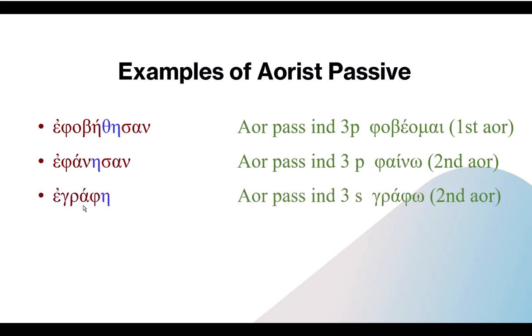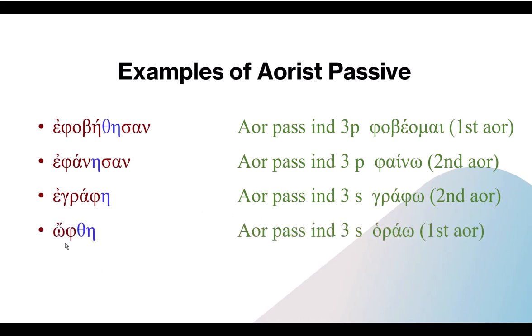All right, another example here. Egraphe. Here's an example where we just have the second aorist passive tense formative, and then we have grapho, to write. And so this would be third singular. There's no ending, and so it was written.